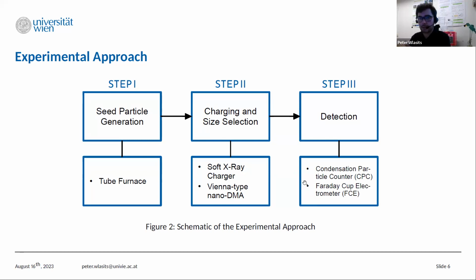The condensation particle counter is based on the condensational growth of these nanoparticles within the instrument, such that these particles can be detected optically. An alternative way of detecting is a Faraday cup electrometer, which measures the current coming in, and the current is then proportional to the particle number concentration.